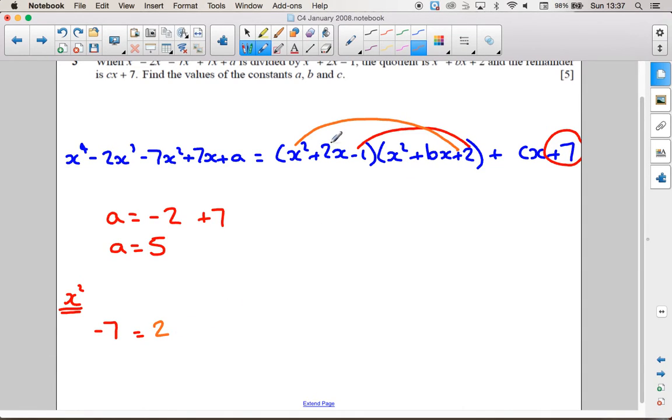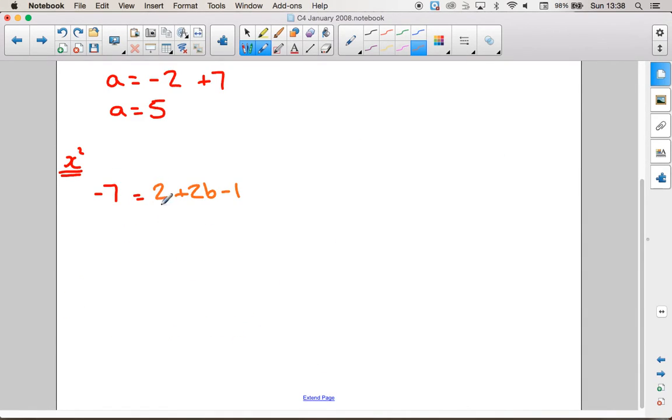I can get an x squared from here, so 2b, and I can get an x squared from here, minus 1. So that's minus 7 equals 1 plus 2b, so minus 8 equals 2b, so b is negative 4.